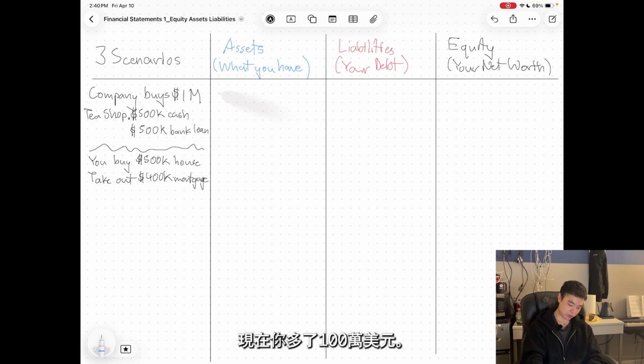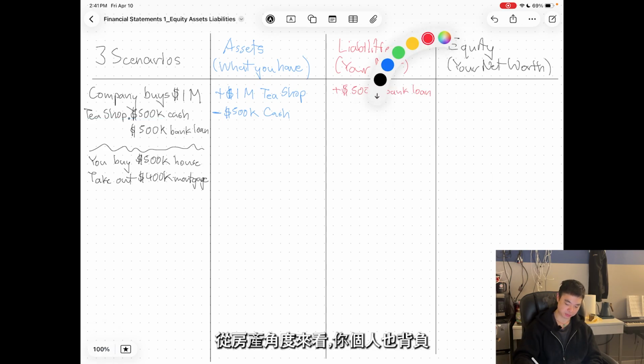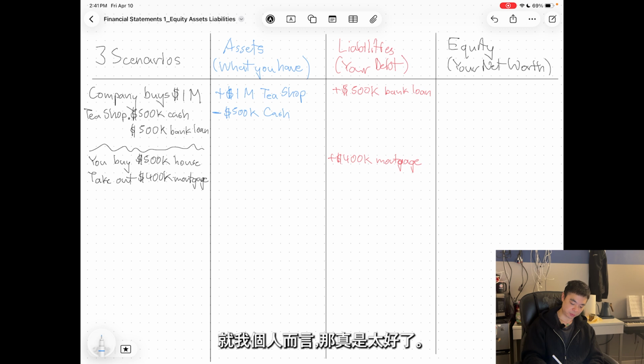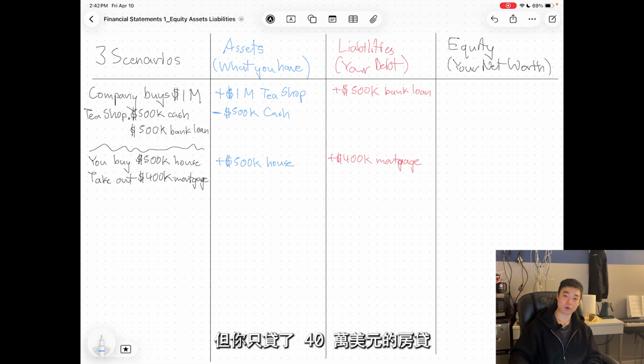Well, now you have plus $1 million. You spent $500,000 in cash. You took out $500,000 in a bank loan. From a house perspective, you also took out, on a personal level, $400,000 in a mortgage.